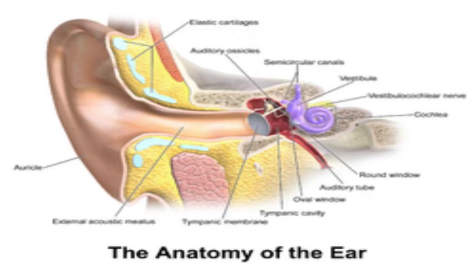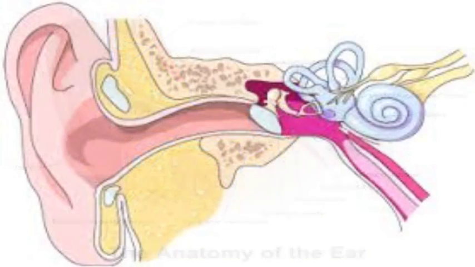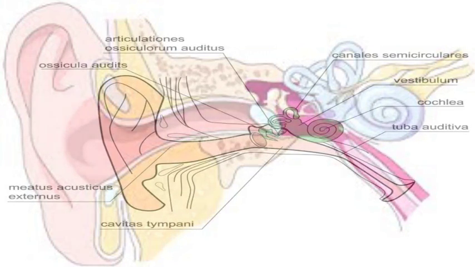The endolymph is situated in two vestibules, the utricle and saccule, and eventually transmits to the cochlea, a spiral-shaped structure.